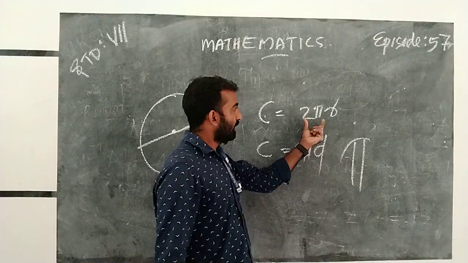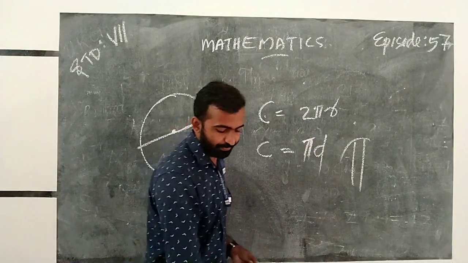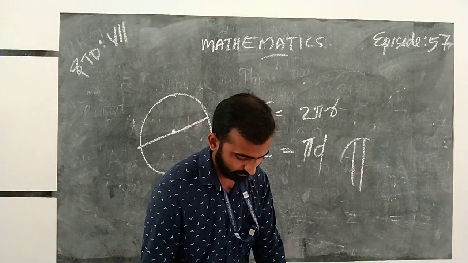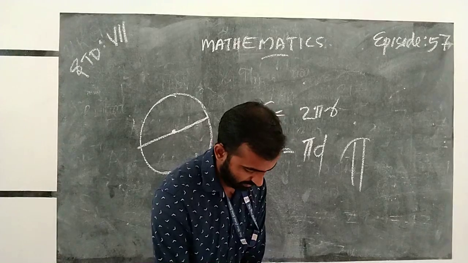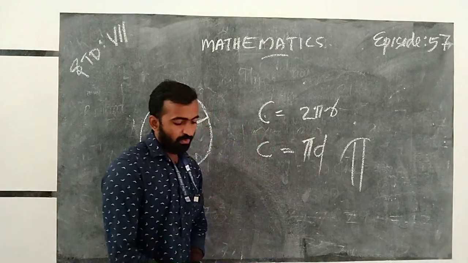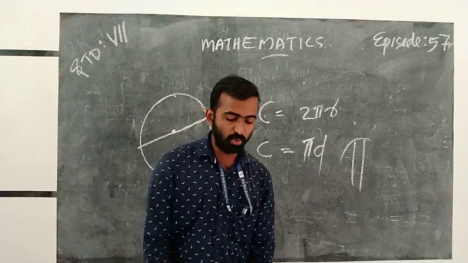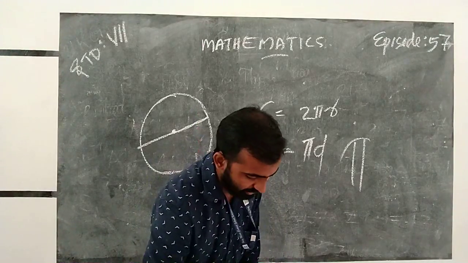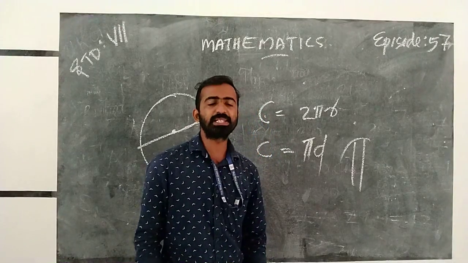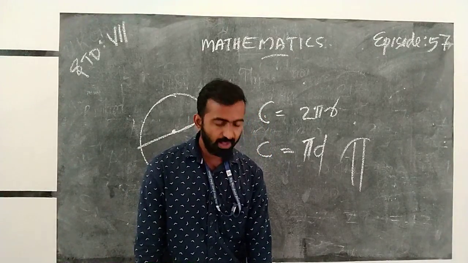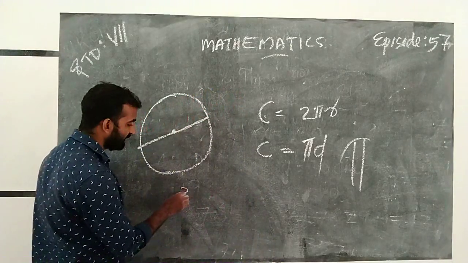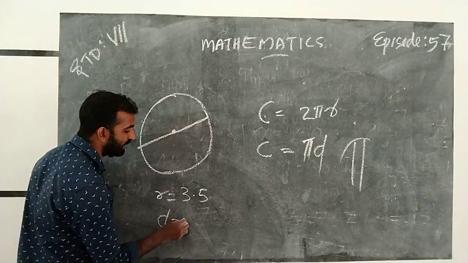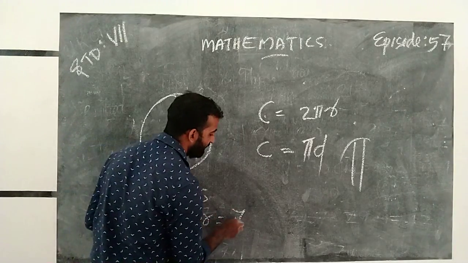For example, in your textbook, page 218, there is a table. In the table, the first circle has radius 3.5 centimeter, then we get the diameter d equal to 2r, that is 7.